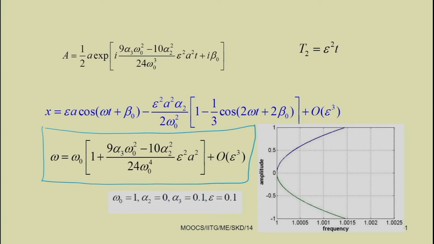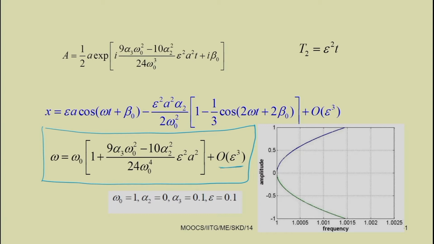In case of free vibration, the relation between these two is omega 0 into 1 plus 9 alpha 3 omega 0 square minus 10 alpha 2 square epsilon square a square by 24 omega 0 fourth. We have neglected the order of epsilon cube.